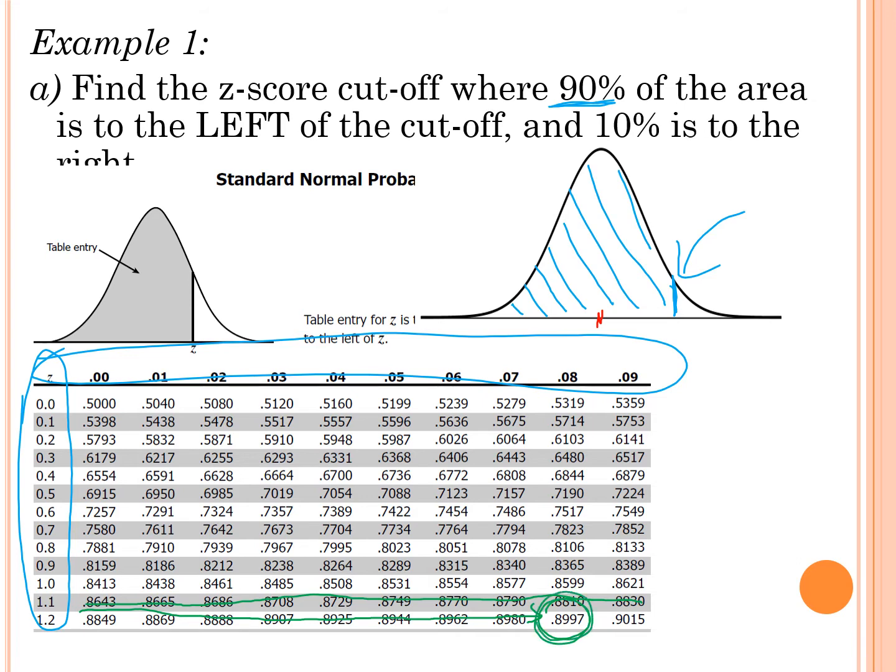That's the closest value in this table to 90%. So the z-score for this value in the table right here has 90% to the left of it, approximately, and the other 10% to the right of it. And the z-score for that value is 1.28, and that's the answer to this problem.